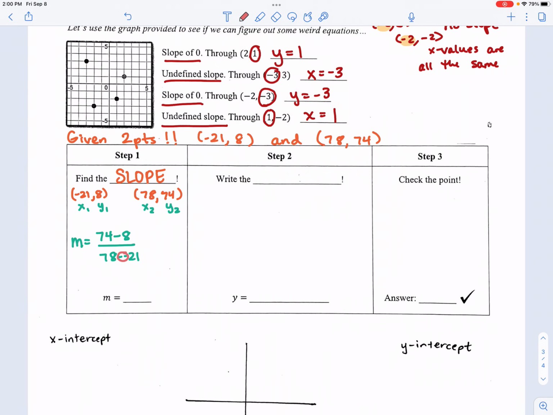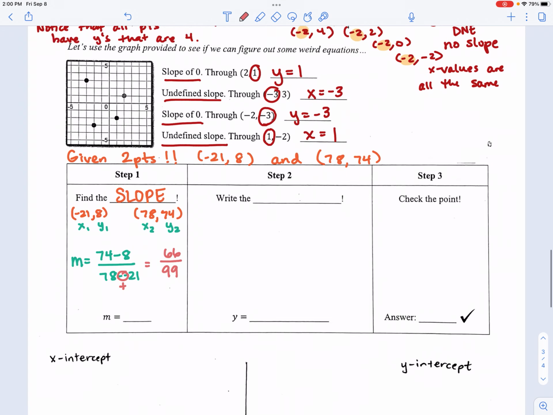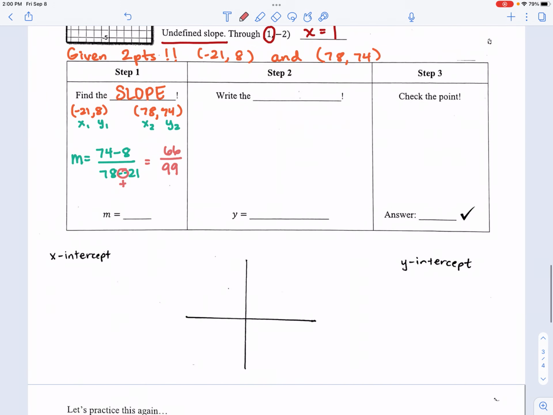These two negatives are going to turn into a positive. So 74 minus 8 is 66. 78 plus 21 is 99. Always reduce your fractions, so we get here 2/3. Your calculator will simplify fractions for you. If you don't know how to do that, we'll get to that in class.